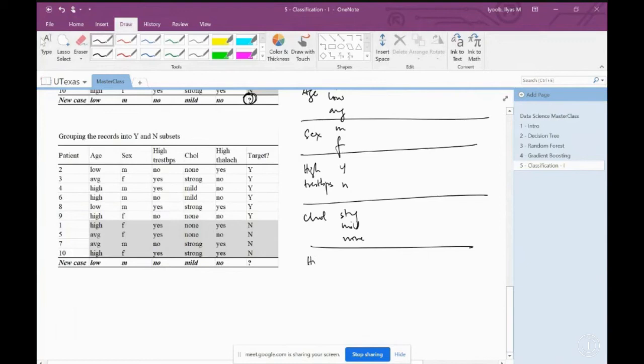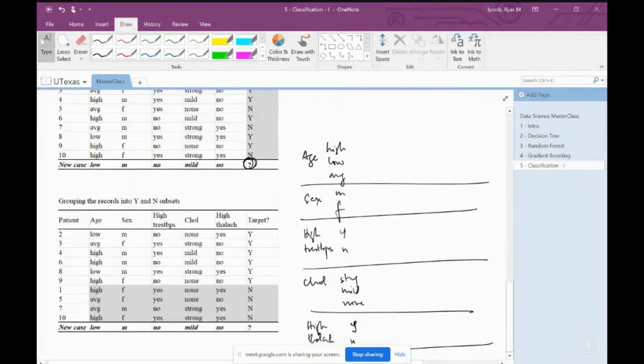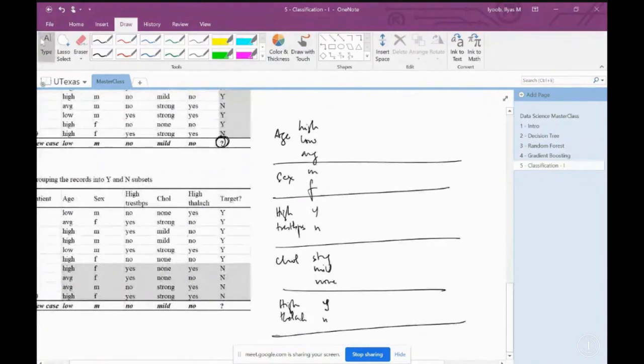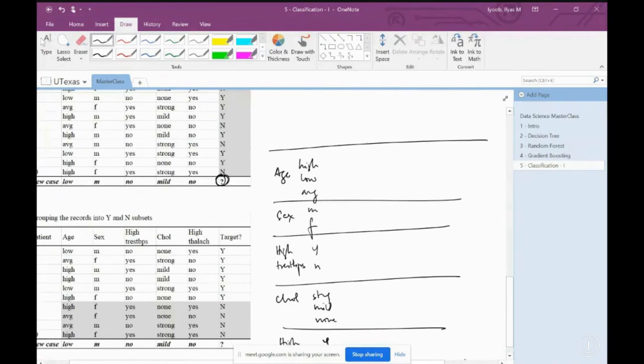And heart rate: yes or no. These are my features, and these are the classes we have for them.